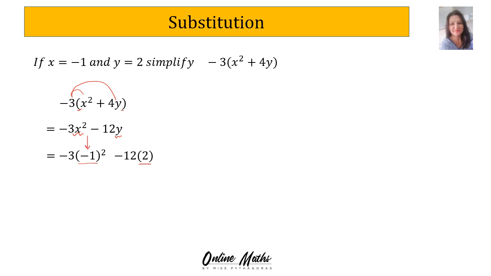So you first have to say (-1) squared becomes +1, and you wait with the -3. And then in terms of minus 12 times 2, it's just -24 when you multiply them. And only now can you say minus 3 times +1 is -3, minus 24 is equal to minus 27.